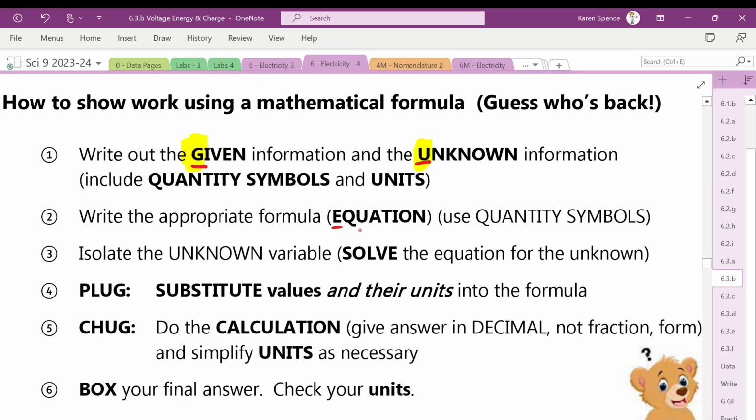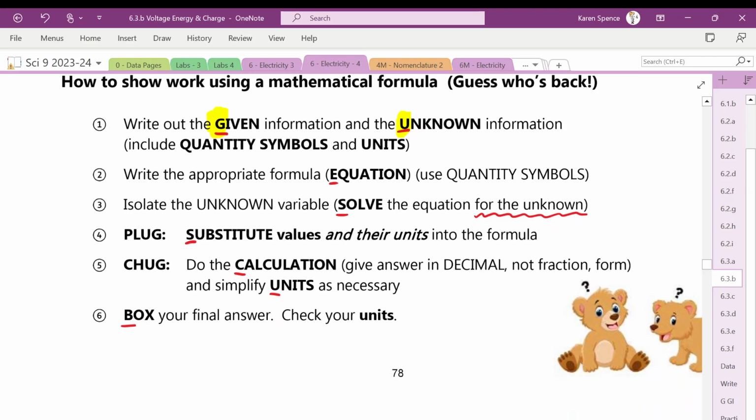We're going to write the equation. We will solve it for the unknown. We will substitute in the values. We will do the calculation and make sure that we include units. And we will box our final answer. And I think I forgot to update this. We have GUESS CUBS.